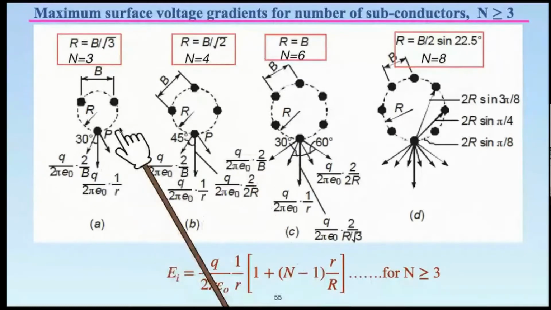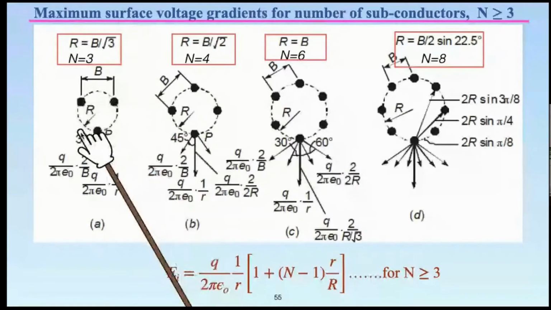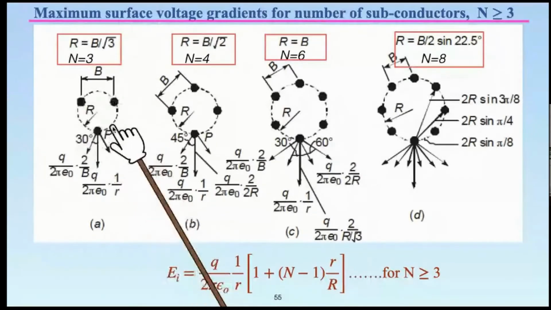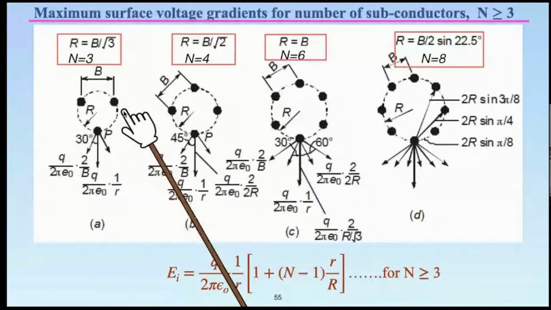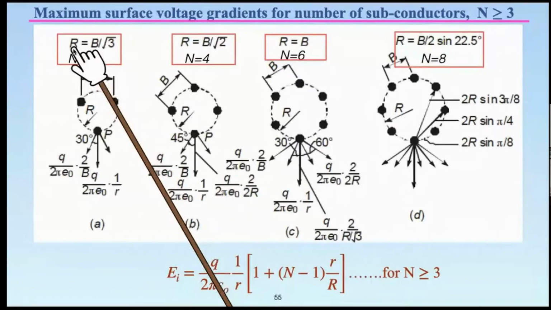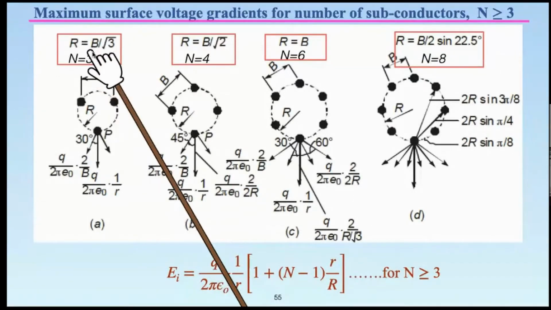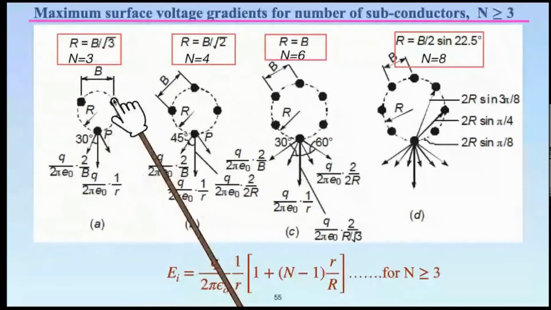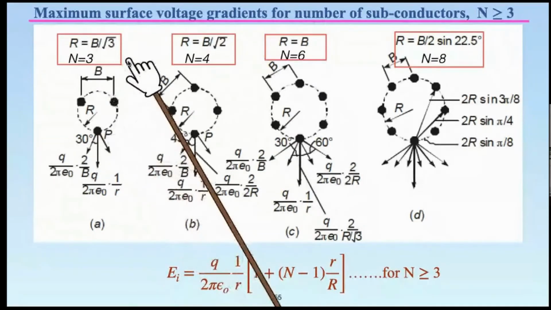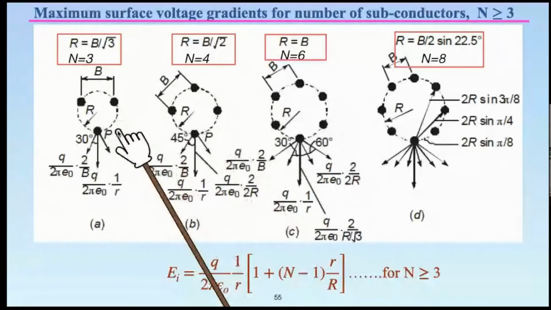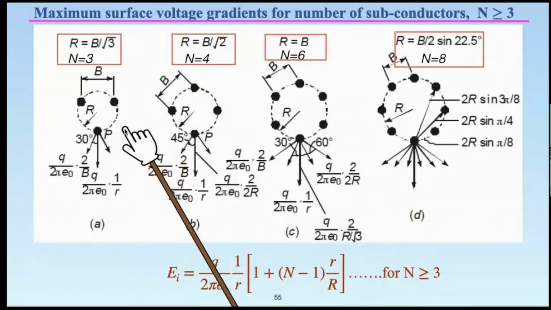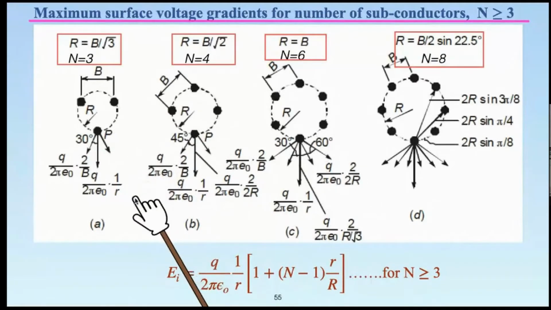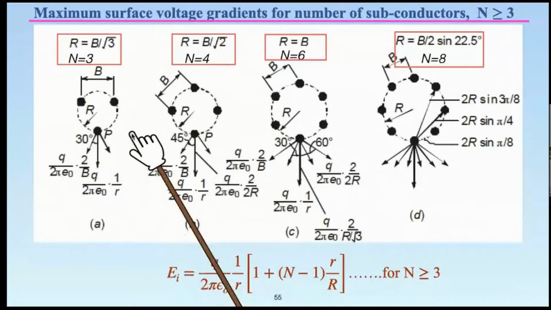So in that case, the geometry of the conductor positions will modify the relationship between the radius of the bundle with respect to spacing between the adjacent conductors. So here these different configurations are drawn, and of course, as I told you, this is application of electric fields again, which you study in the second year level.